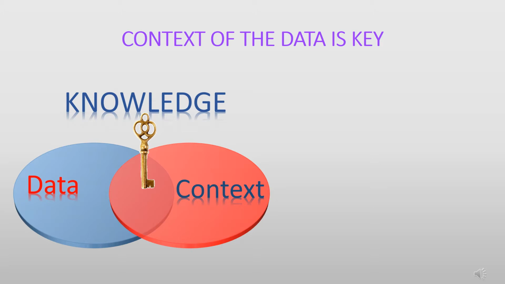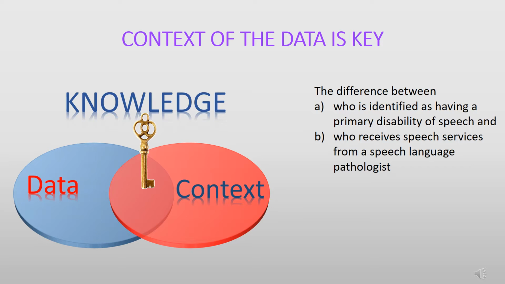In Episode 1, we talked about two questions that had to do with speech, the difference between who is identified as having a primary disability of speech and who receives speech services from a speech-language pathologist. If you collect only data on students who have a primary disability of speech, you cannot determine the number of students who receive speech services from a speech-language pathologist.